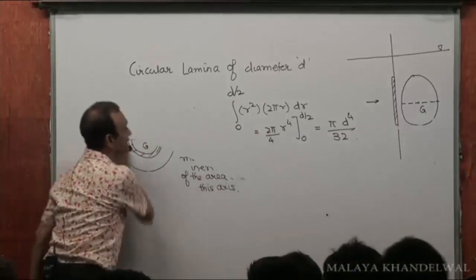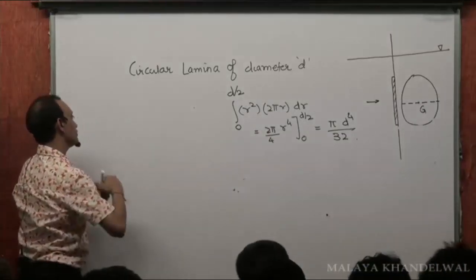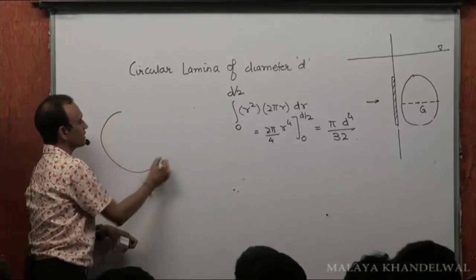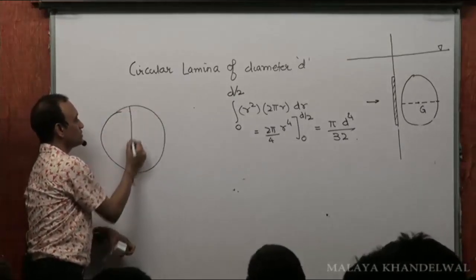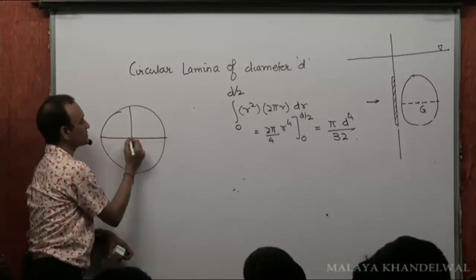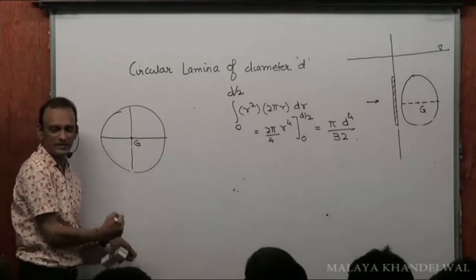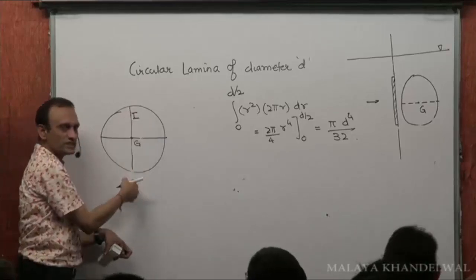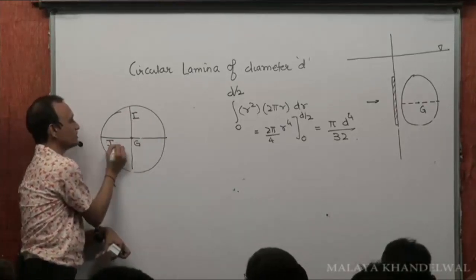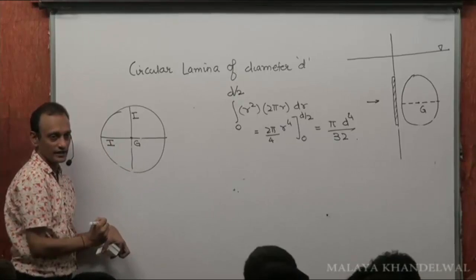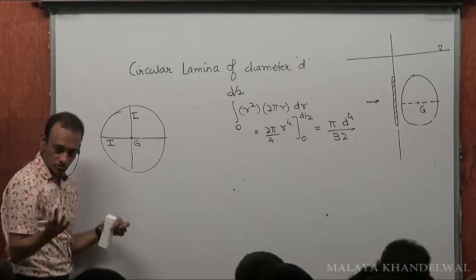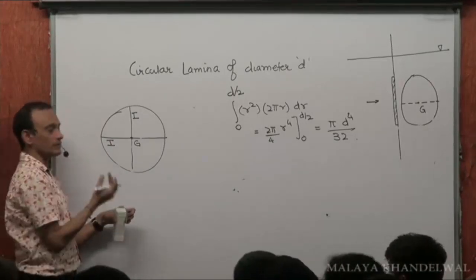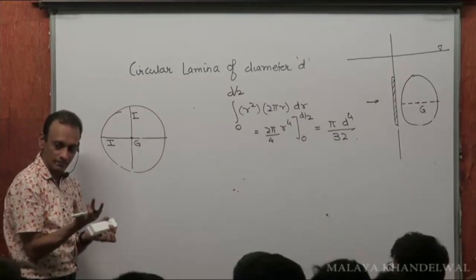So this I know is pi D to the power 4 by 32. Now, look, this is my circular lamina. Take two perpendicular diameters. From symmetry, if I is the moment of inertia about this diameter, then I must be the moment of inertia about the other diameter, since about any diameter it is the same.